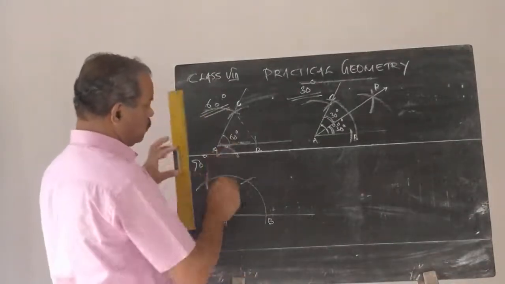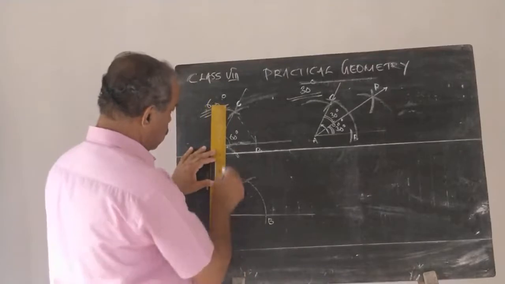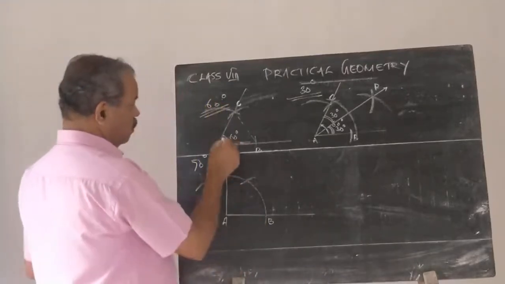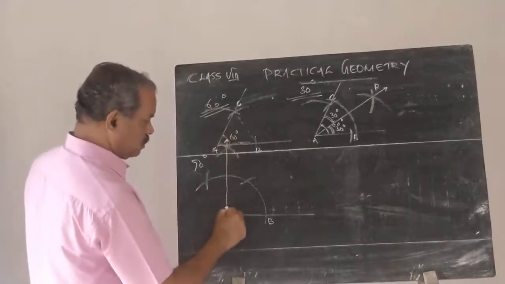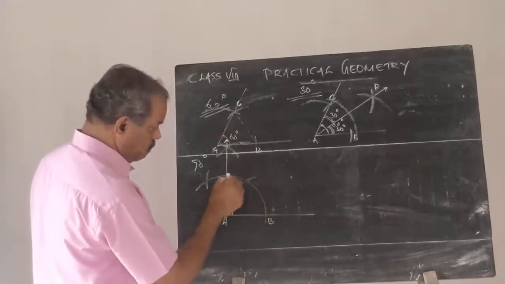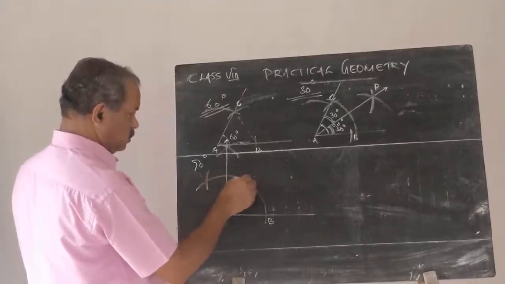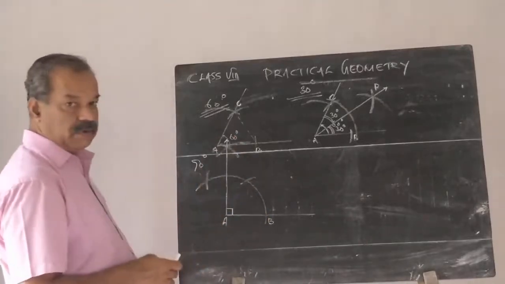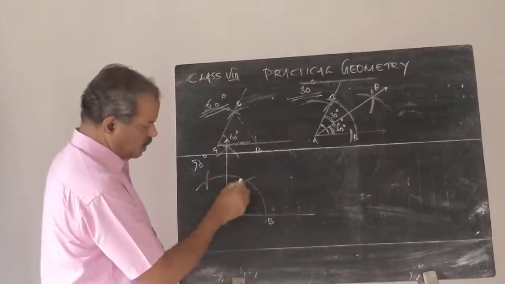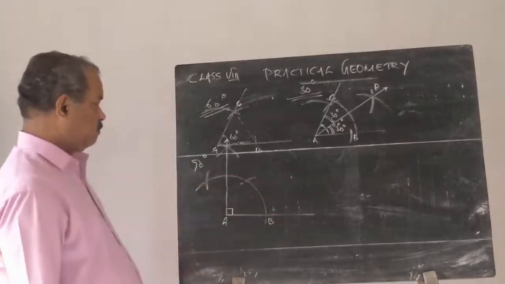This is the point of intersection of those arcs. Draw a line through this. What is the measure of this angle? Here 60 plus 30, because this 60 degree is divided into two equal parts. So 60 plus 30, 90 degrees.